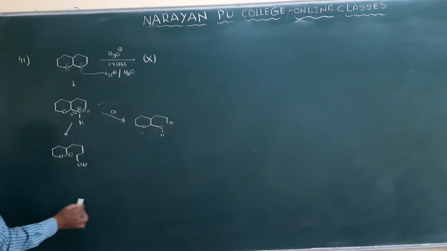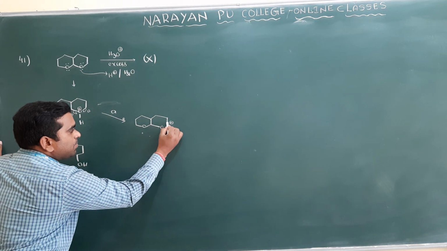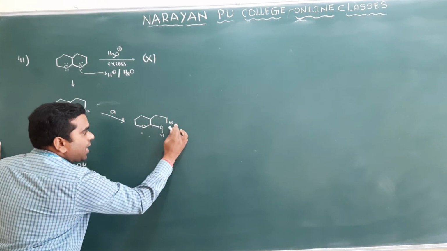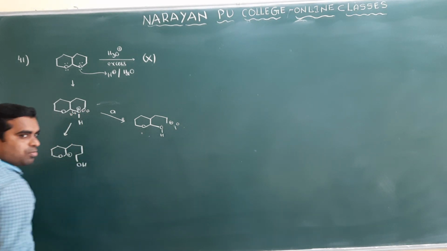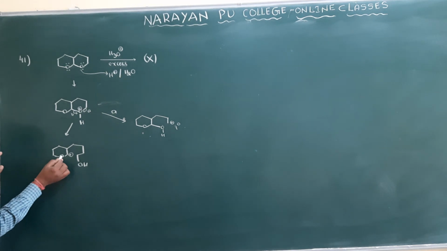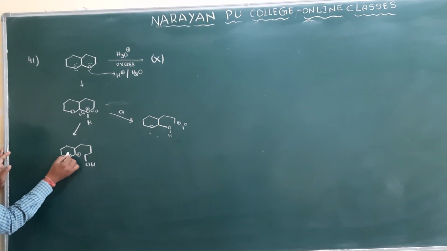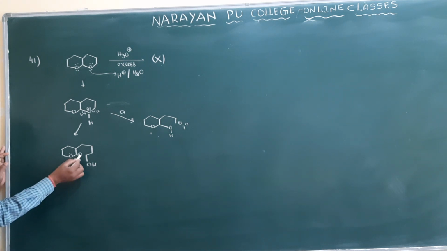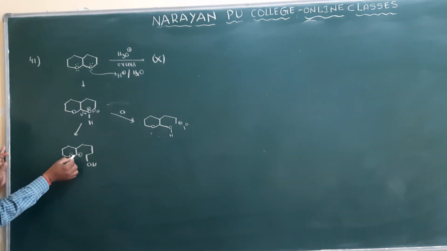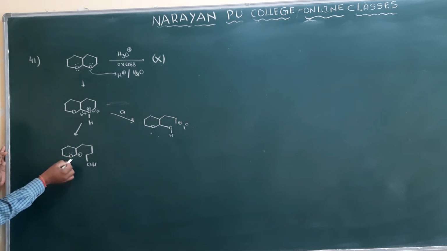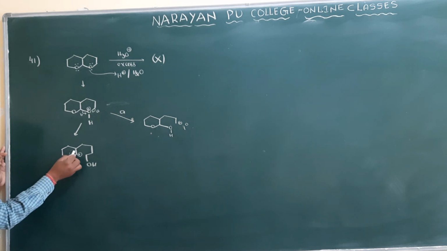See, this carbocation is simply a CH2 plus, a primary carbocation. Come to here, it is a secondary carbocation, and also oxygen is there. The oxygen and the positive charge are separated by a single bond, which means the positive charge and the lone pair are in conjugation. When they are in conjugation, they are involved in resonance.